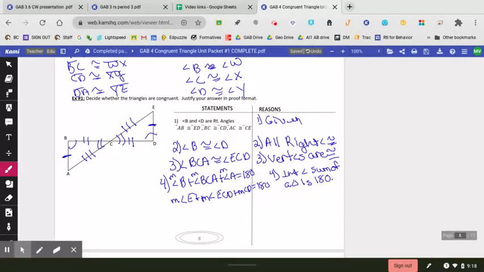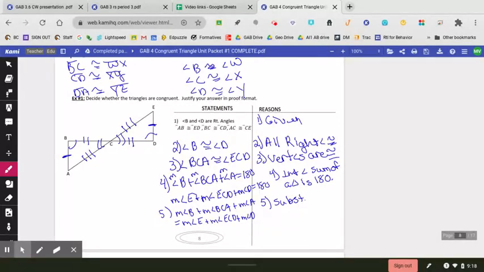Well, they both equal 180, so they're equal to each other. So the measure of angle B plus the measure of angle BCA plus the measure of angle A is equal to the measure of angle E plus the measure of angle ECD plus the measure of angle D. That's substitution.